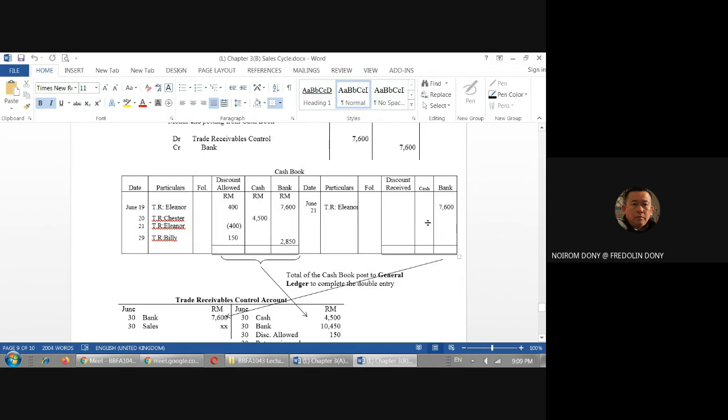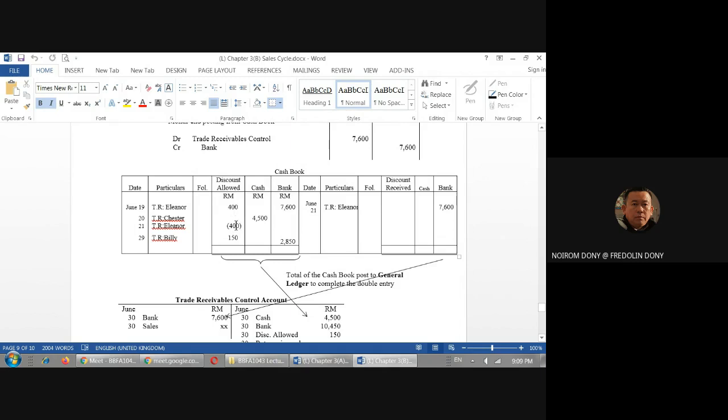So we credit in the bank column 7,600, but we can't put the discount allowed in discount received here because this is a different column. This is income, isn't it? So we must put the entry in the same column, discount allowed, but we put negative 400, meaning we are canceling the discount allowed given to Eleanor initially.